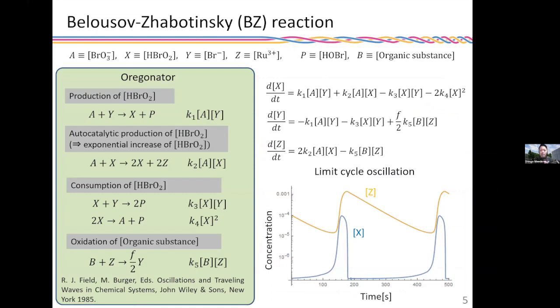In the process of these reactions, there are actually many chemical reactions, and this is a physical model of these reactions. I won't explain the details. Basically, the process is very complex, and in appropriate conditions, we can see limit cycle oscillations, something like this.